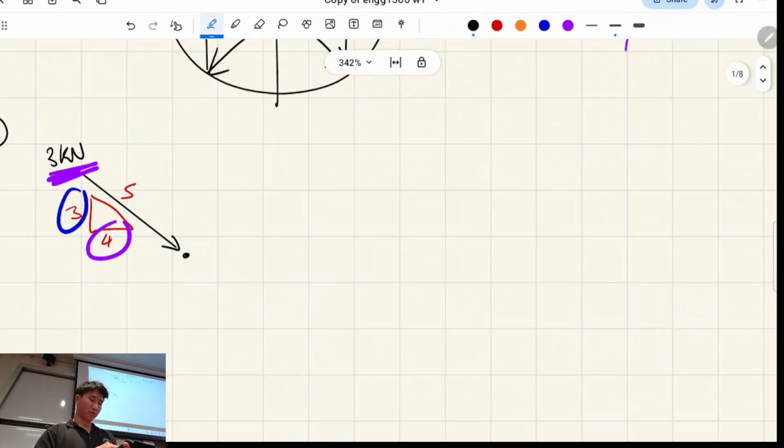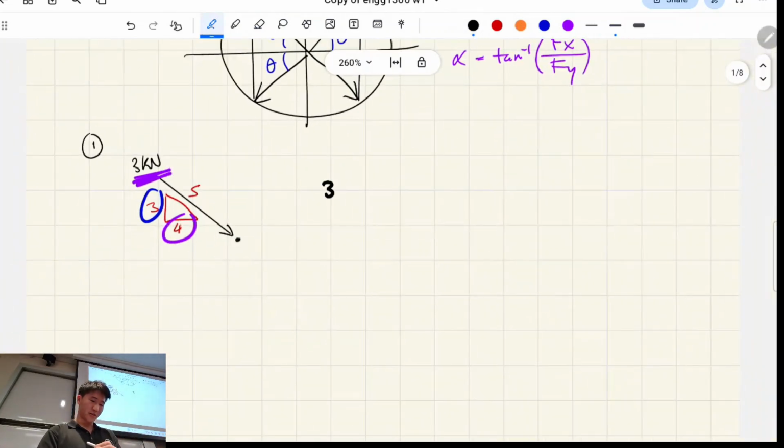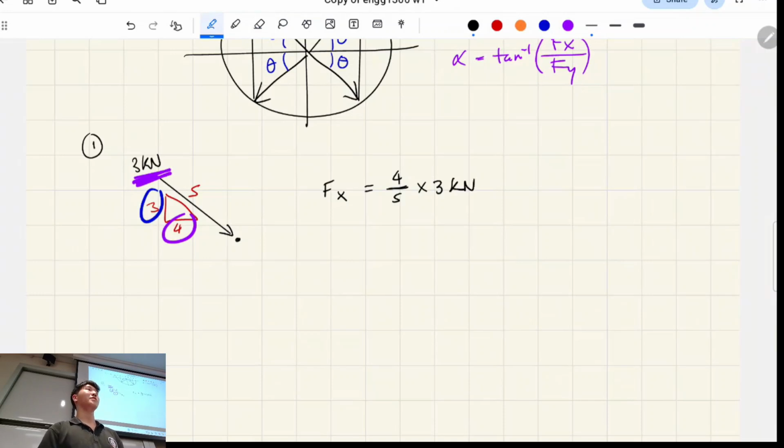And so when we're taking the magnitude, let's call it Fx, the horizontal force, we're just doing 80% of the diagonal. That's one way you can think of it.